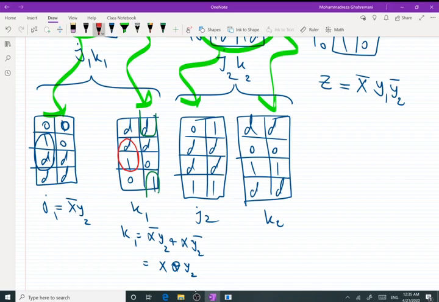For J2, we group these four together, and of course we group these four together, and J2 will be equal to y1 plus x. And for the last table, we can group these four together, and K2 will be equal to y1.